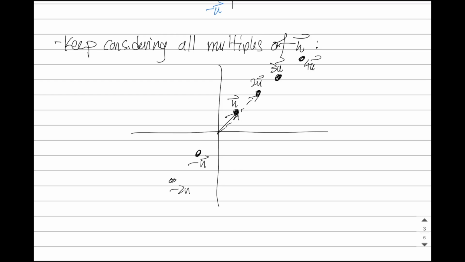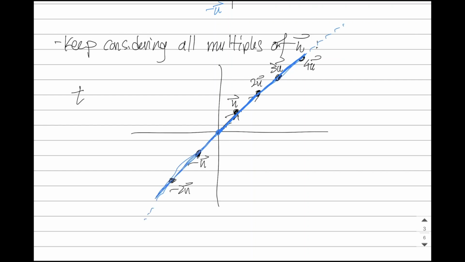Negative u, negative 2u. Now, I just chose to pick these discrete jumps: 1, 2, 3, negative 1, negative 2, negative 3, but I could have picked any multiple I wanted, anything in between. So it turns out there are uncountably many points in between the origin up to there, uncountably many points up to here, uncountably many points all the way over there. And you can see that this just keeps going.